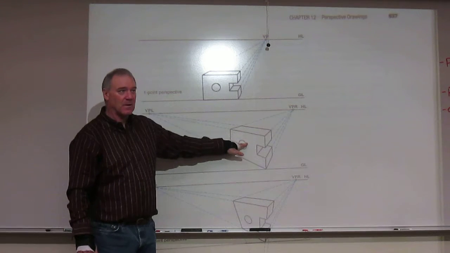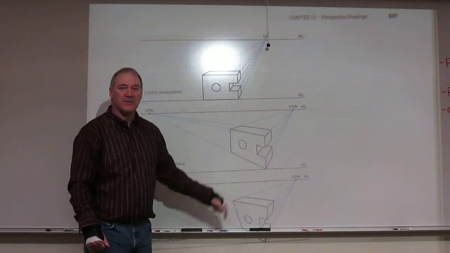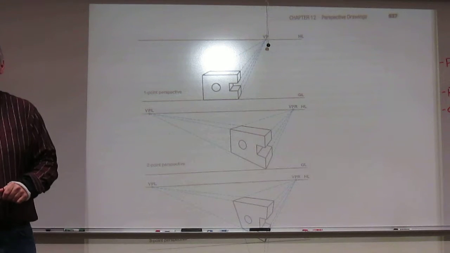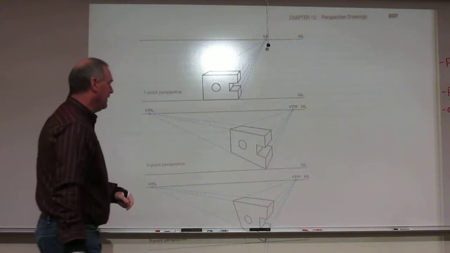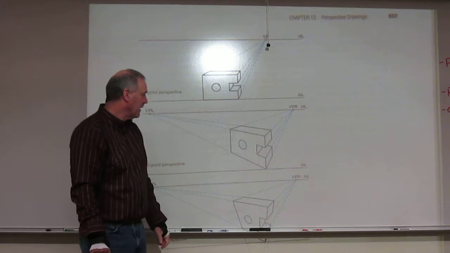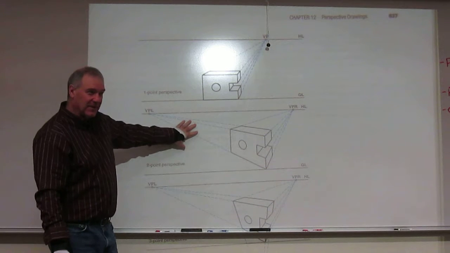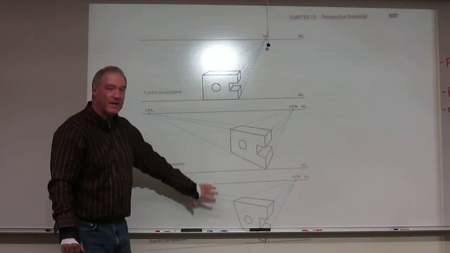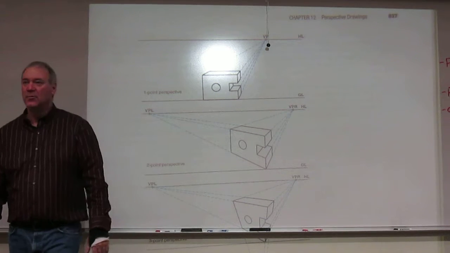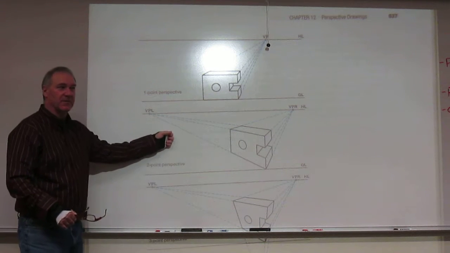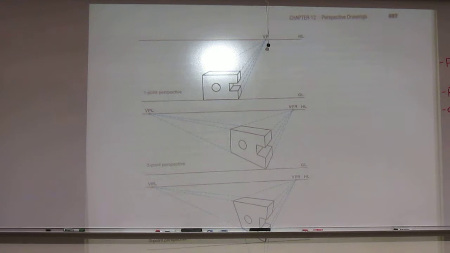On this one, only one line on the object will be true size and shape. We also rotate the object a little bit on this one. We'll go over the setup a bit later. This one looks so eye-pleasing that people really can't tell the difference between this one and the next unless they really, really study them. So this is the one that's used in industry, the one we're going to really focus on.